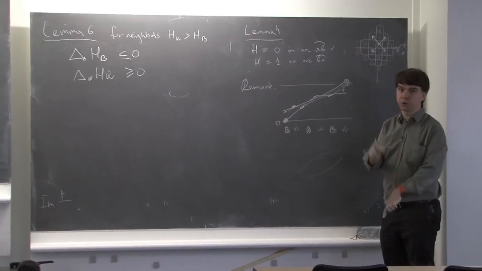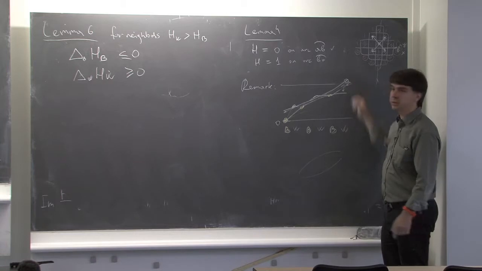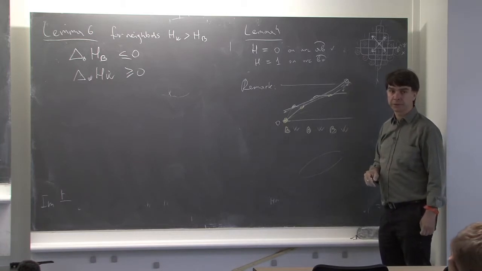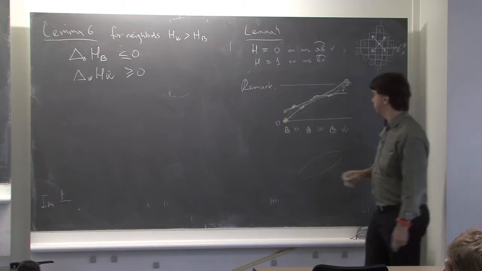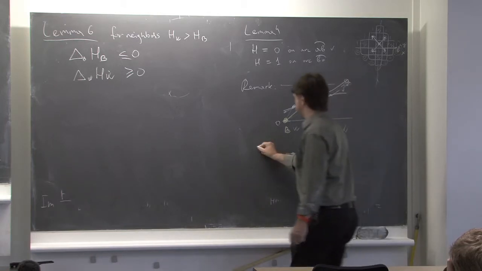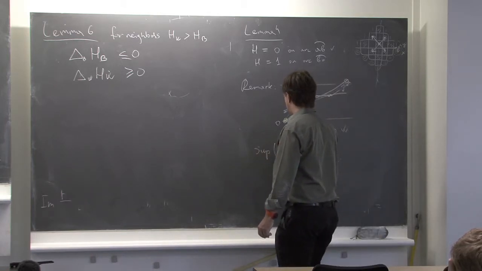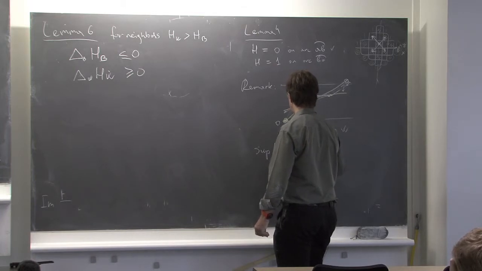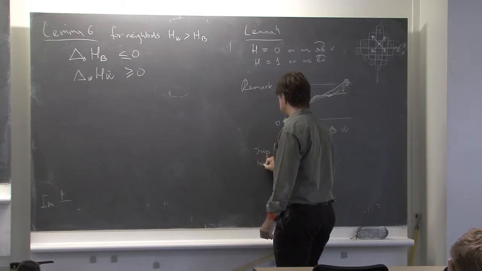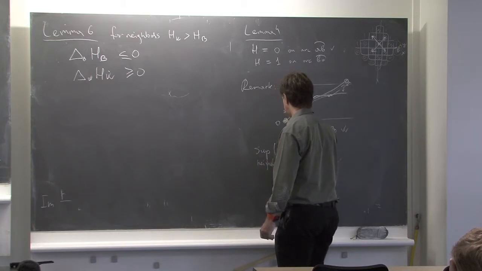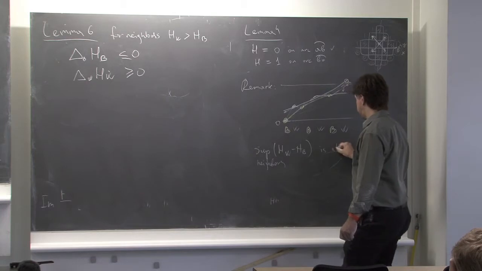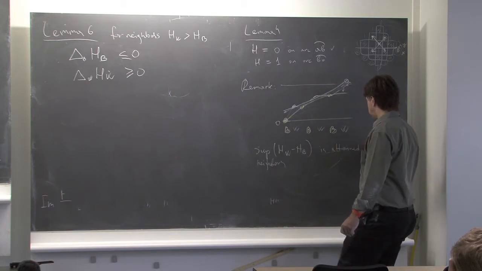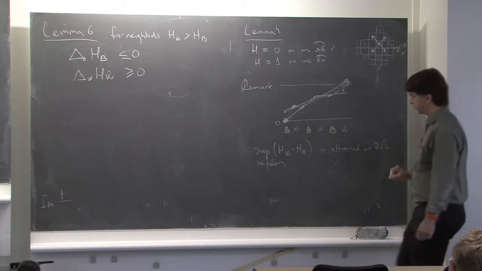So if we want to show that these two functions are close, it's enough to estimate on the boundary. So in a sense, the supremum of H white minus H black over our neighbors is attained on d omega.